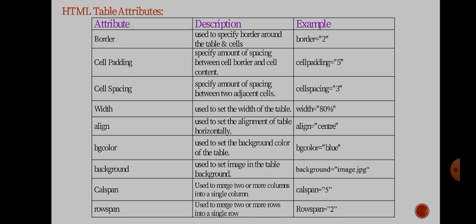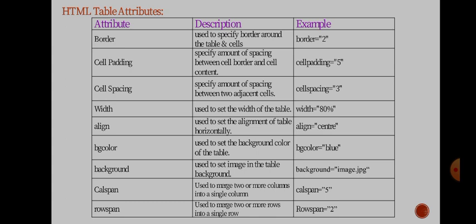And the next one, cell padding. Cell padding is to specify the amount of spacing between the cell border and cell content. Once you specify the cell padding attribute, it gives the spacing between the cell border and the cell content. Here the example is cell padding is equal to 5.